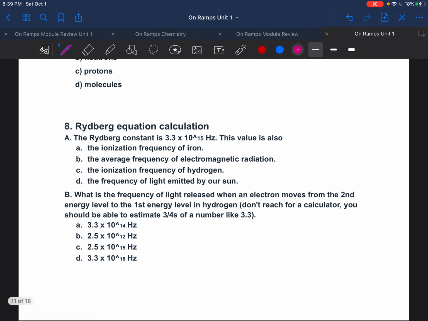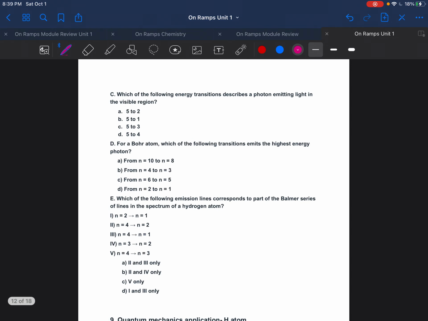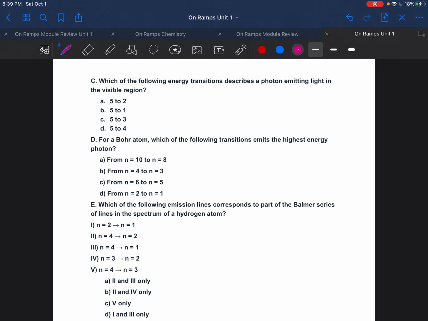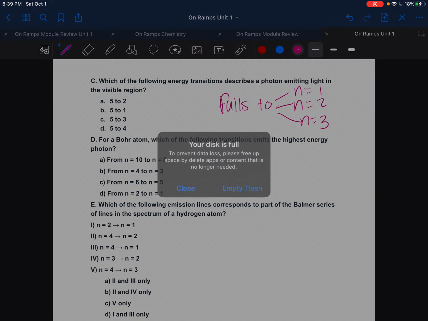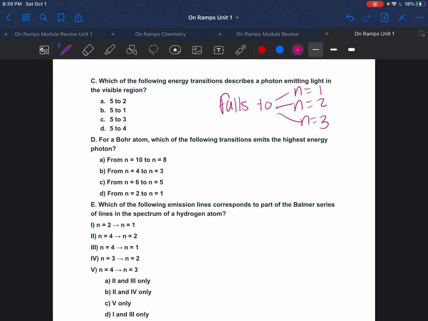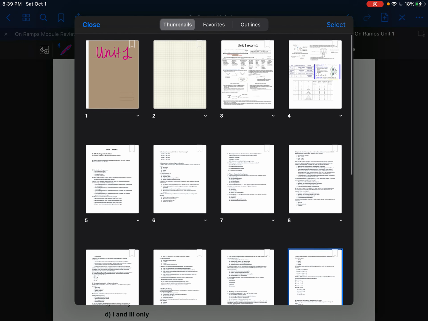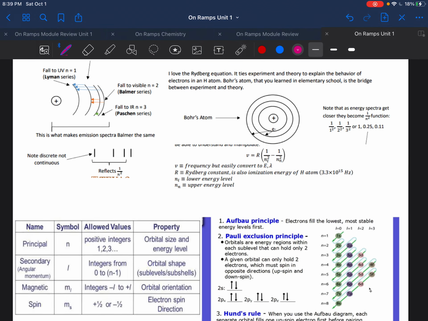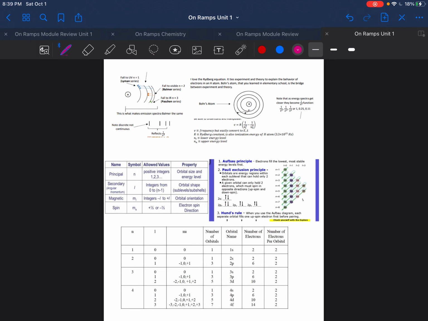Okay, and A can be solved by looking at your memorizations. Let's go on to these. Remember, falls to n equals 1, n equals 2, n equals 3. If we go back to our memorizations, they're all right here.